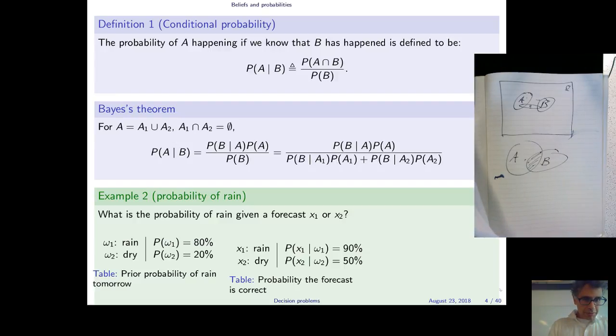Has anybody noticed the typo yet? Well, it's not really a typo, but anyway. Let's write it like this.